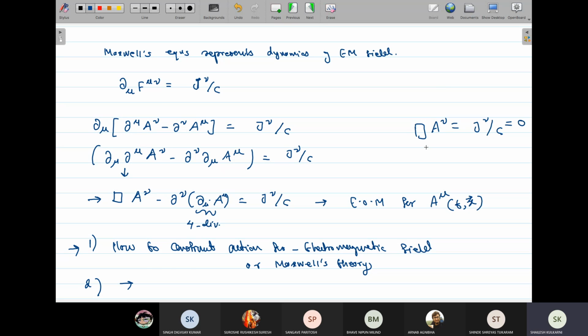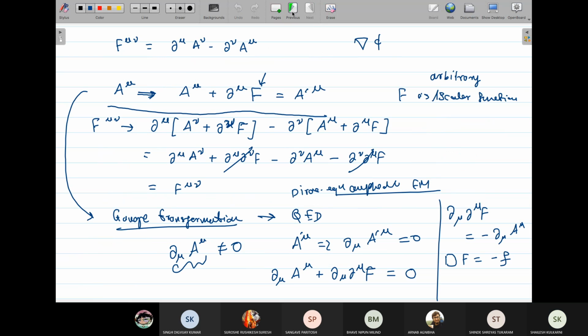This now represents the wave equation describing the dynamics of each component of this 4-vector potential. So what is your wave equation? An equation of this sort.